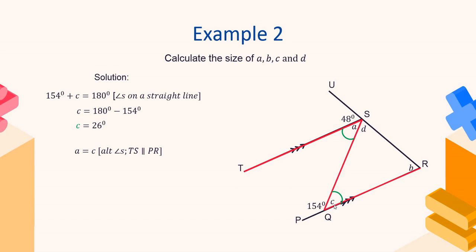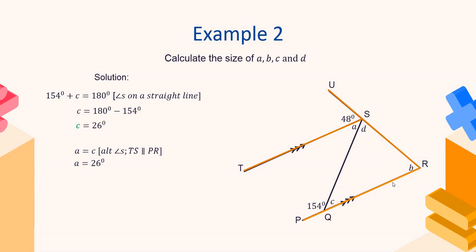Right. So now that we have solved for C and A, we are left with D and B. Some of you might have said, but wait, we don't just see a Z. We see an F. And that's also perfectly correct. Because TS is parallel to PR, in this case, we also see corresponding angles.